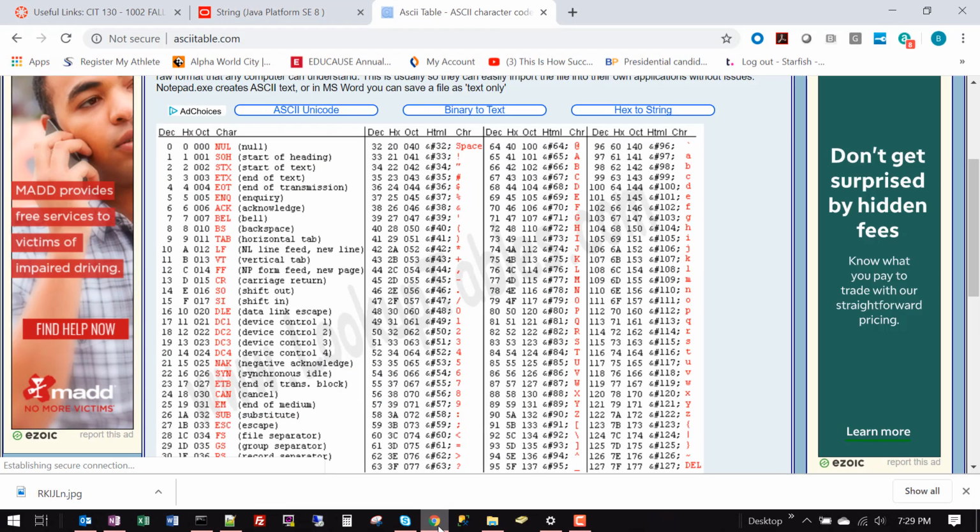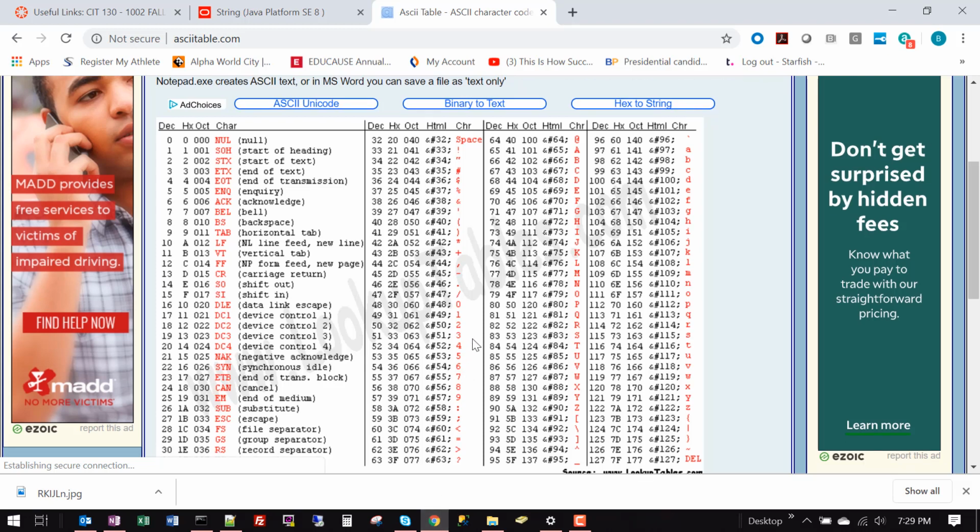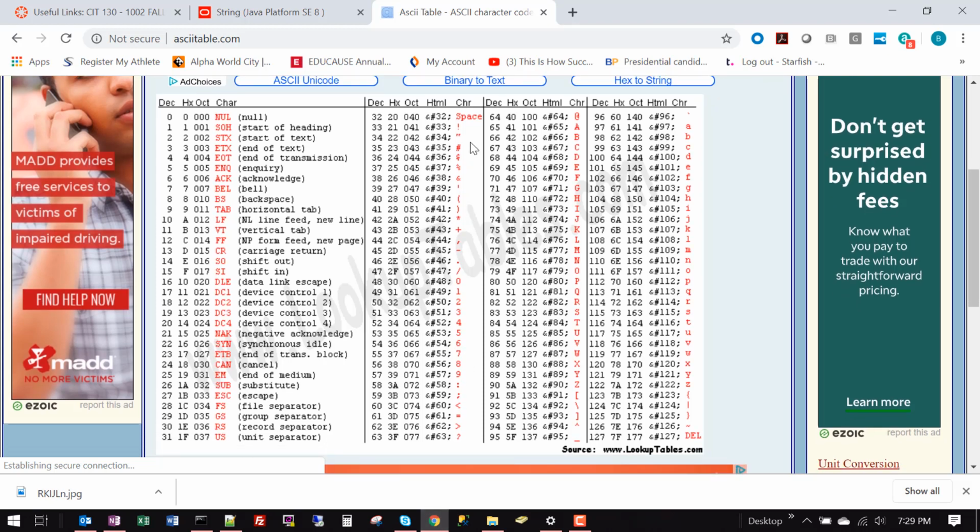So if we look at a Unicode chart, what we see is that our typable symbols, things like an exclamation point, correspond to a specific ASCII value, and that value in decimal is 33.